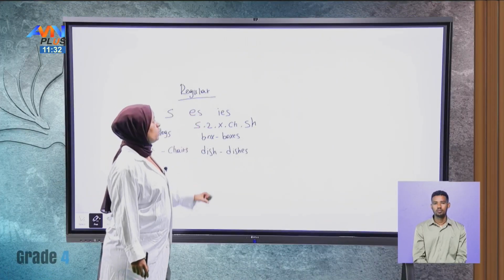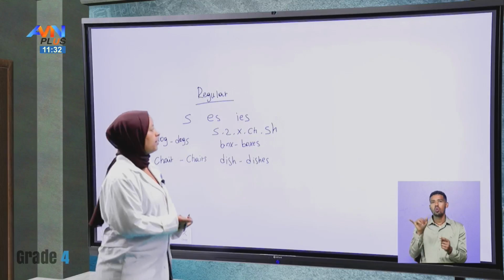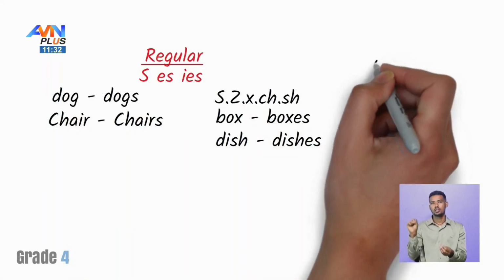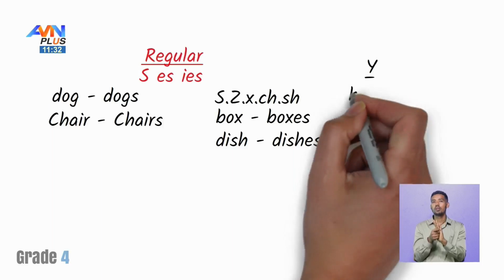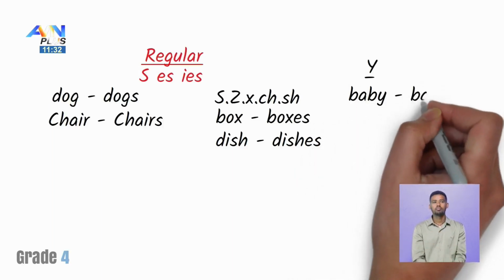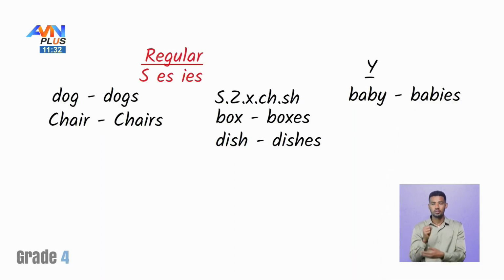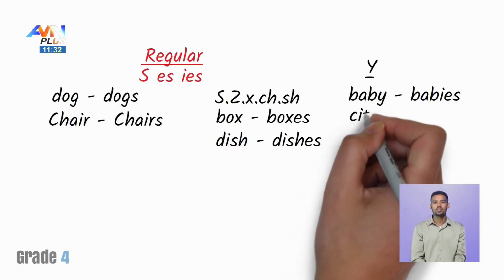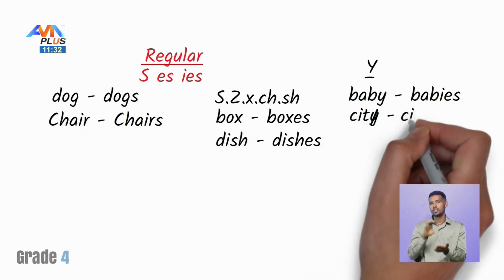When we come to IES, cancel Y and add IES to nouns ending with Y. For example, baby, babies. Country, city: cancel Y and make it cities.